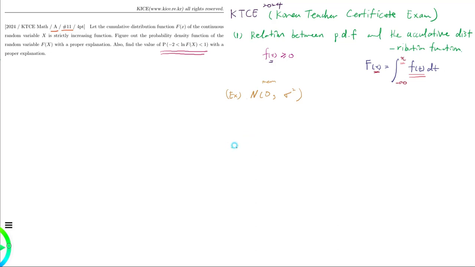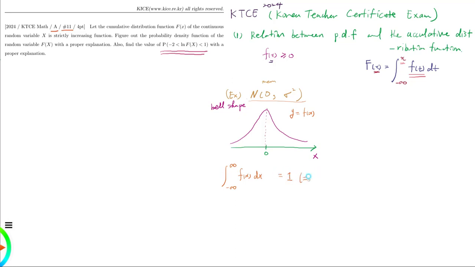Its probability density function will be symmetric with respect to x equals 0, and it's a bell shape. If I integrate it over its whole area, from negative infinity to positive infinity, it will give us 1.